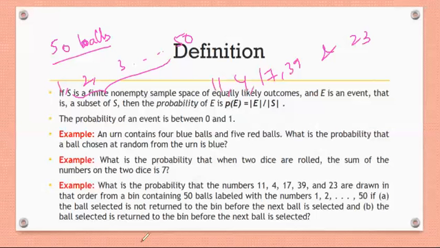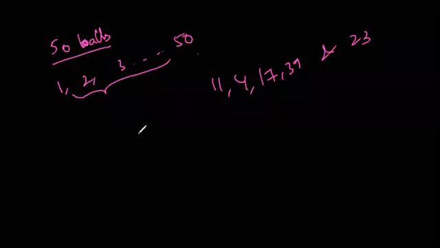Now you have 2 conditions. The first condition is that the ball selected is not returned to the bin before the next ball is selected.